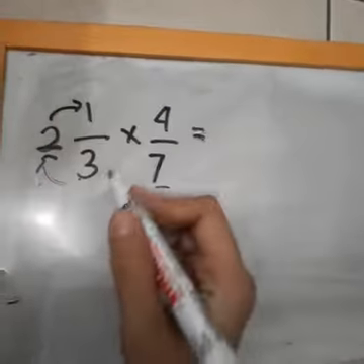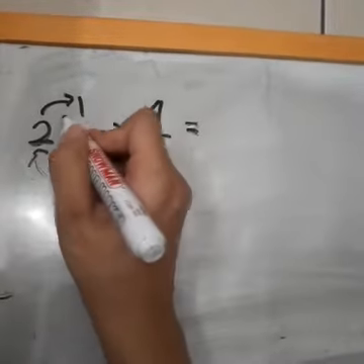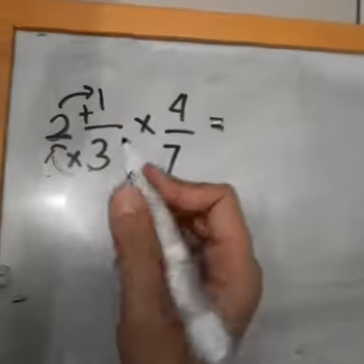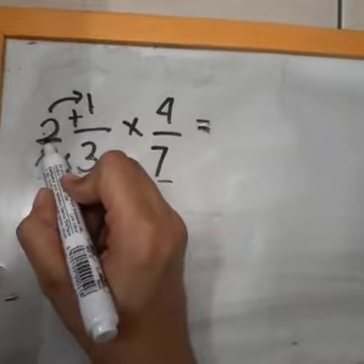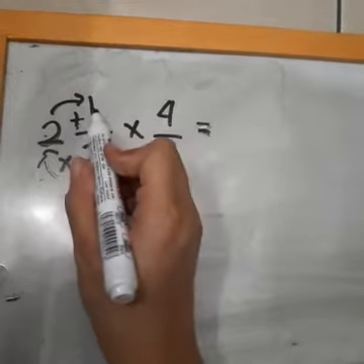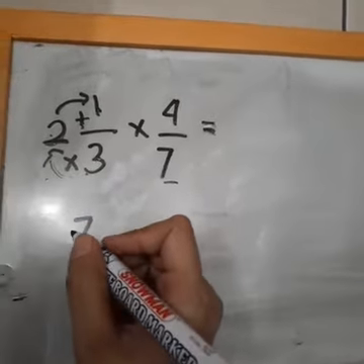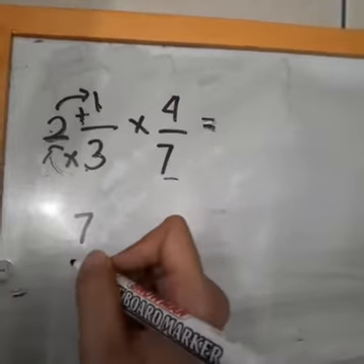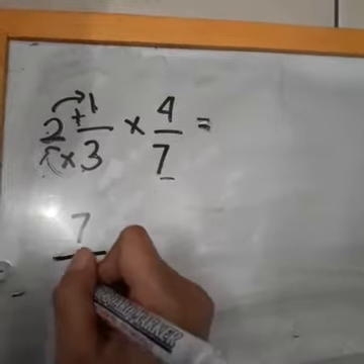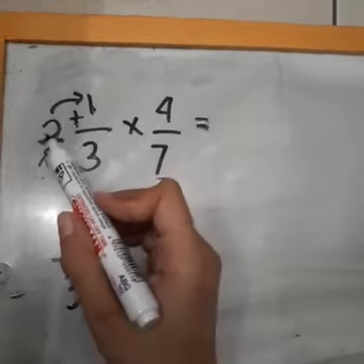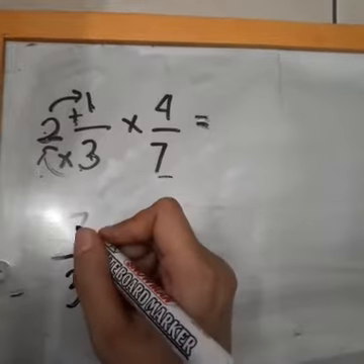How to change it? 3 times 2 plus 1. 3 times 2 is 6, plus 1 is 7. So the new numerator is 7, and we keep the denominator the same. So 2 1/3 is the same as 7/3.